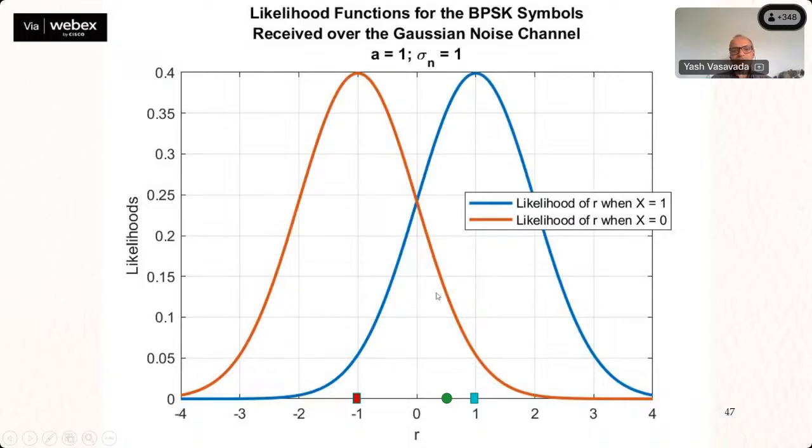So looking at the picture now, suppose at the receiver I get a value of R which is given in this green circle that I have put on the x-axis, close to 0.5. What would the maximum likelihood detector detect in that case? Given this value of R, what would the BPSK detector that implements this ML rule say?